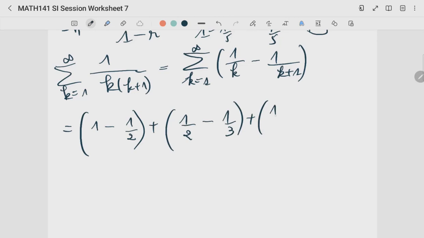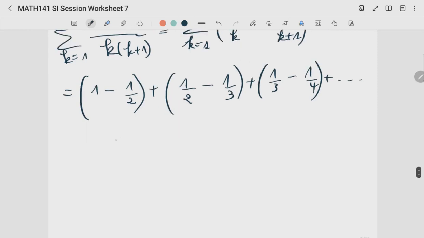The third term is 1/3 minus 1/4, and so on, all the way up until the second to last term, which is 1/(n-1) minus 1/n.